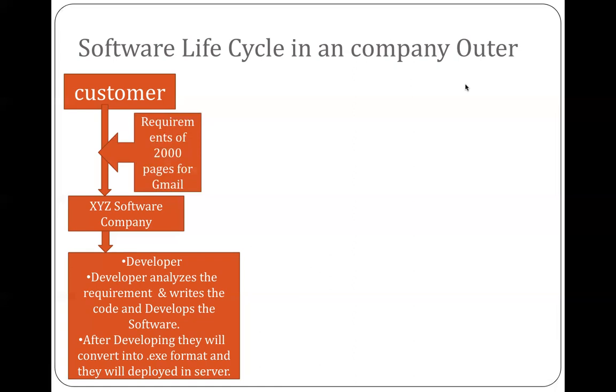Once the project is finalized and they are ready to take it up, they will work on the project development. Once the development is done, they will give the software to the customers by deploying it onto the servers.